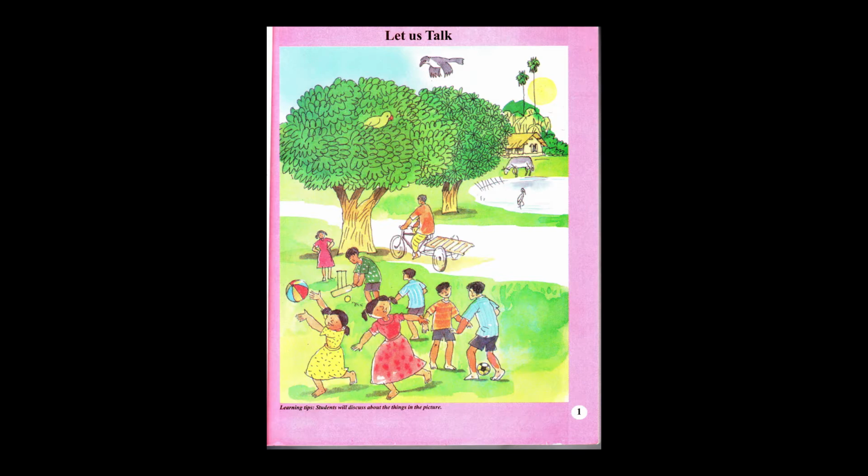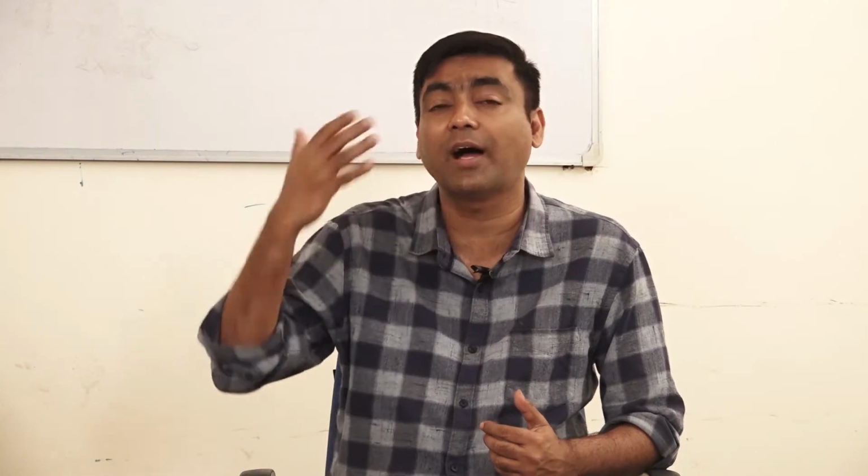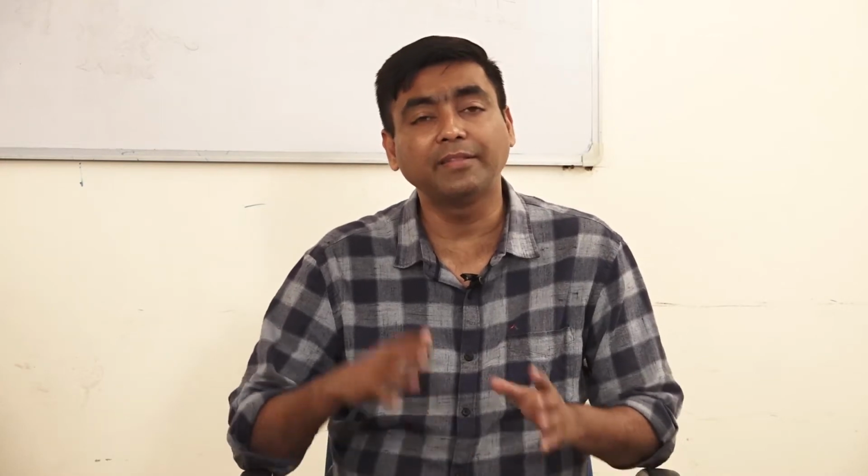Now it's up to the teacher how she or he uses those learning components according to the need of the situation. The teacher can use the concept of sky that's above and the field that's down here. The teacher can say there are human beings and there are different animals also.